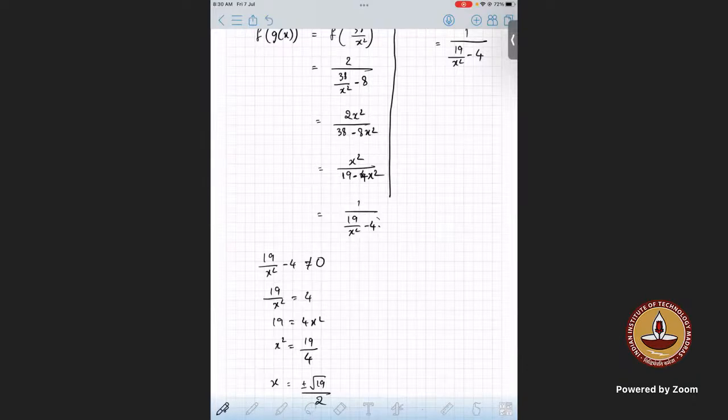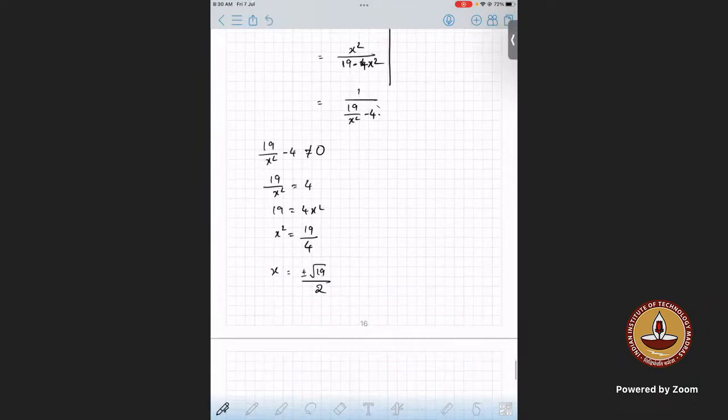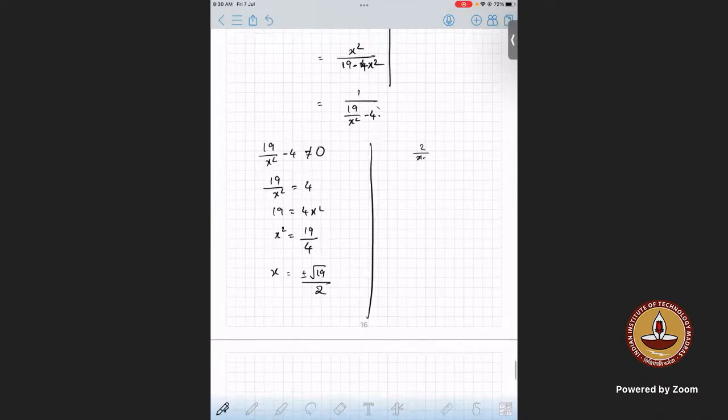There is a confusion. Just wait. It only shows that x is not equal to plus root 19 by 2 or minus root 19 by 2.